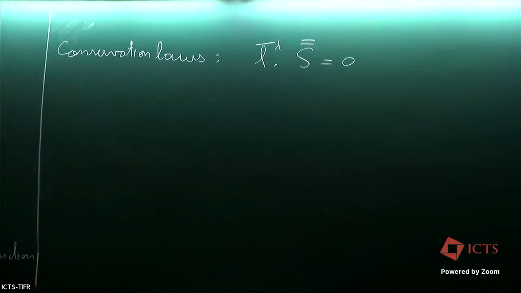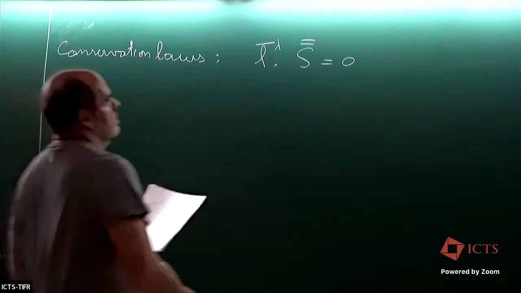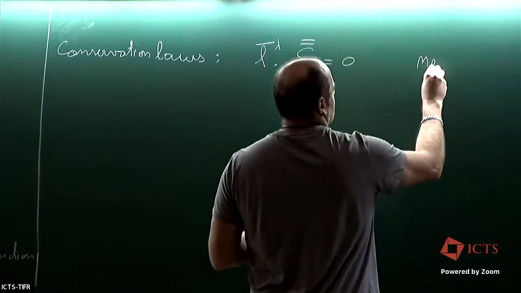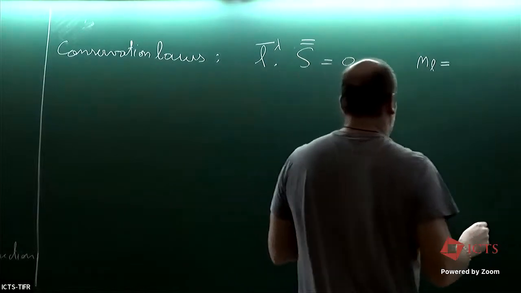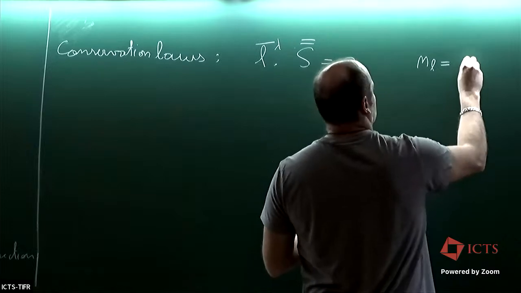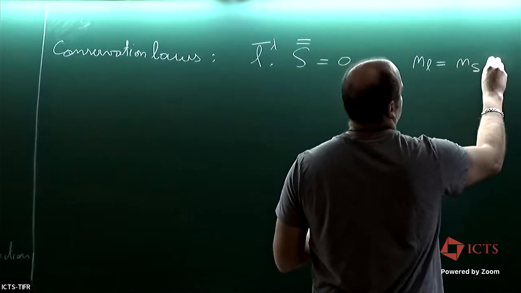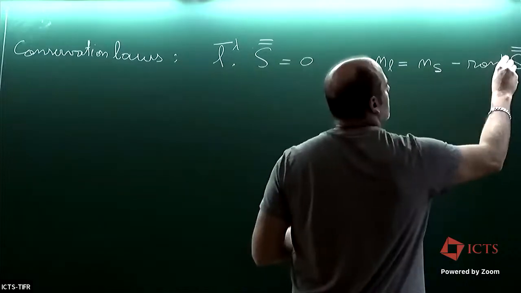Okay? So again, linear algebra tells us that the number of conservation laws is the number of species minus the rank of S.